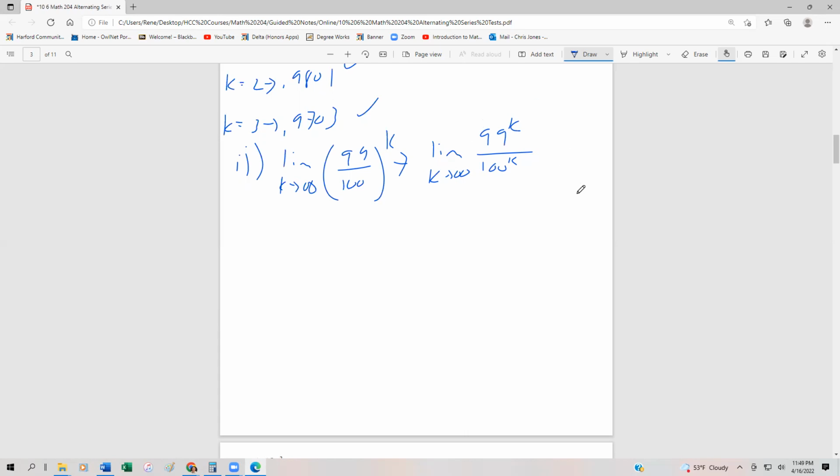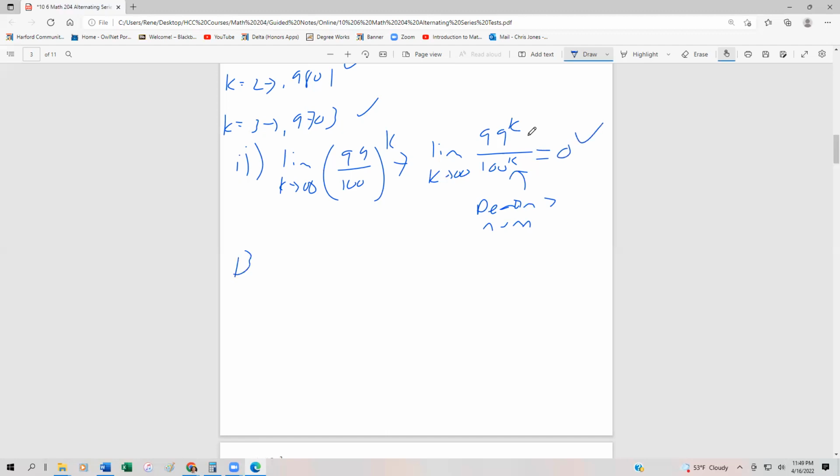Now think about this. In 99 to the k over 100 to the k, the denominator is going to keep getting bigger than the numerator. Because the denominator is going to be greater than the numerator in all instances, that means eventually this will be equal to 0.